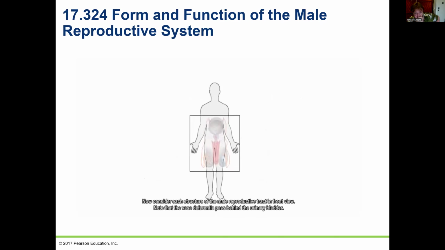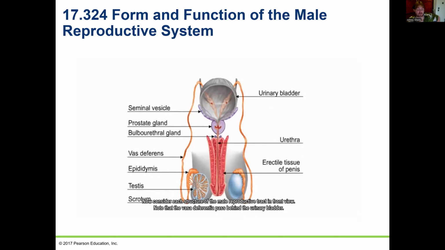Now consider each structure of the male reproductive tract in front view. Note that the vasa deferentia pass behind the urinary bladder. From this view, you can see that many of the structures, including the testes, epididymides, vasa deferentia, seminal vesicles, and bulbourethral glands are paired.